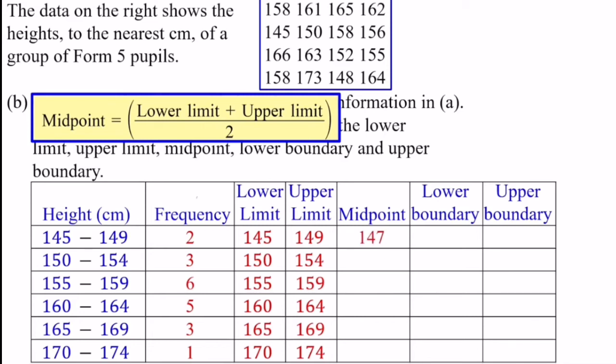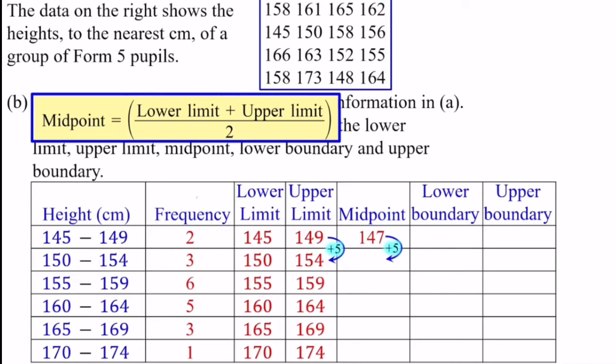So we can add 5 to 147 to get the next one. Every midpoint is plus the size of the class to get the next one. So 147 plus 5, what do you get? You can do your calculation.